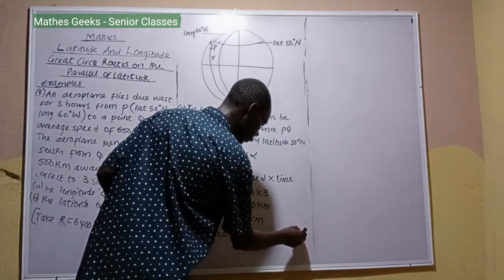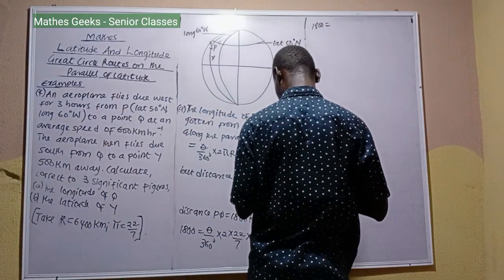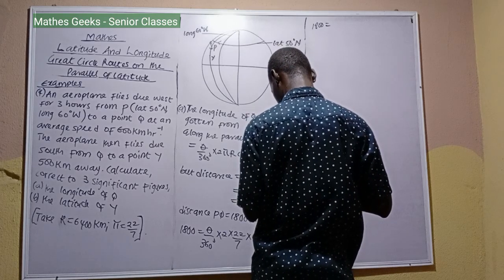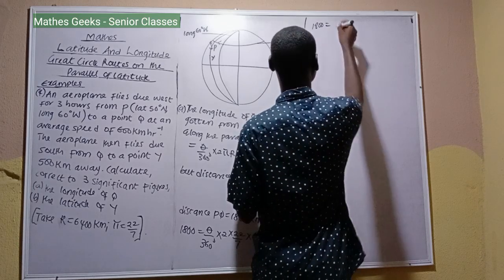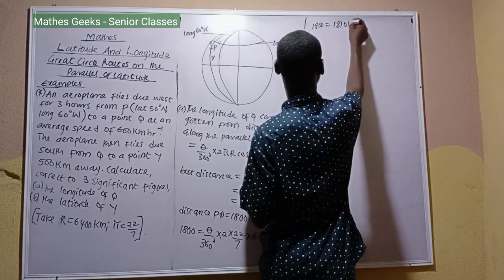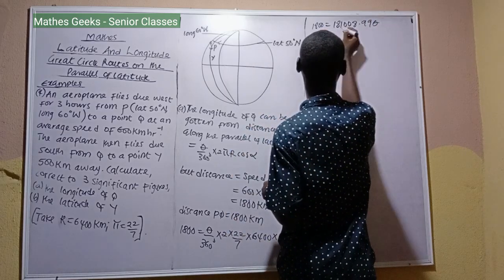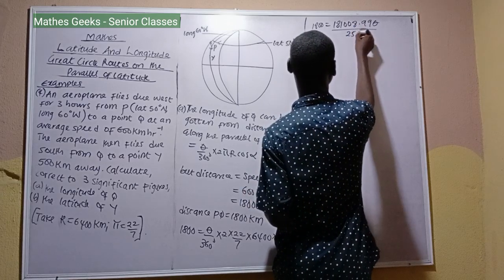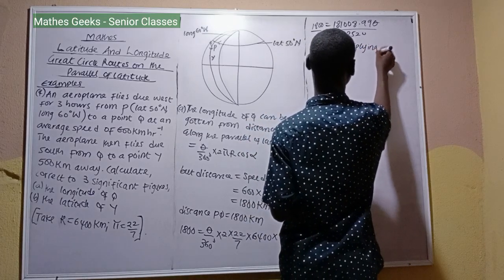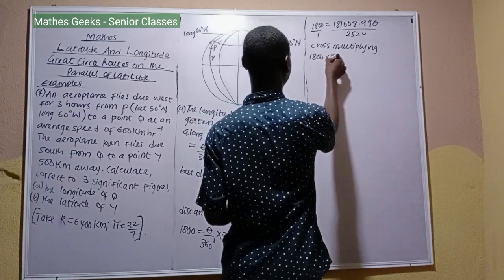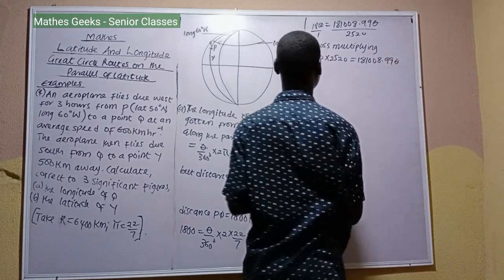So 1,800 is equal to 2 times 22 times 6,400 times cos 50 degrees, which gives 181,008.99 theta over 2520. Cross multiplying, 1,800 times 2520 is equal to 181,008.99 theta.